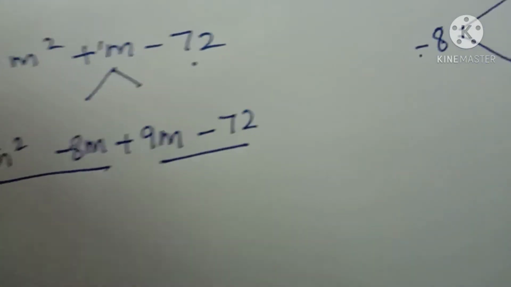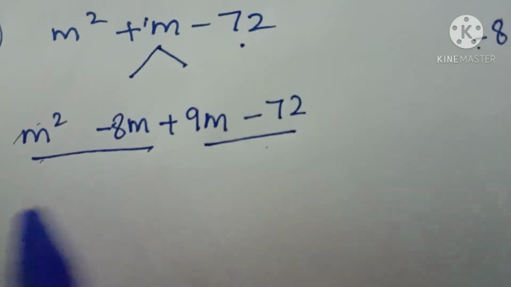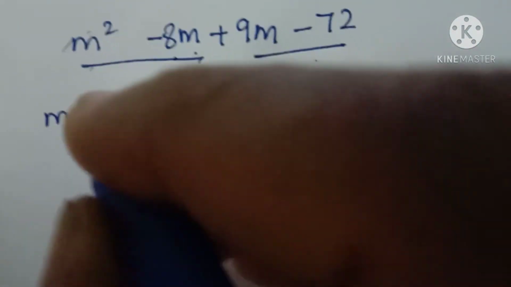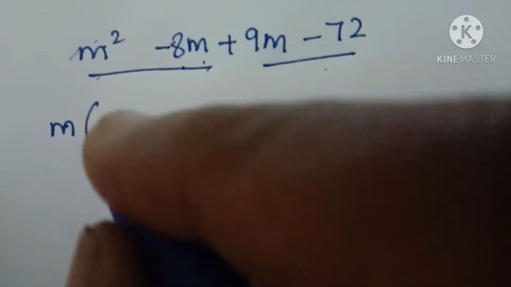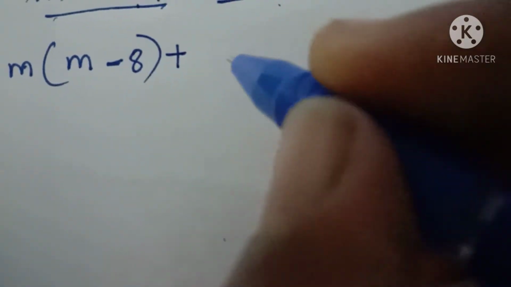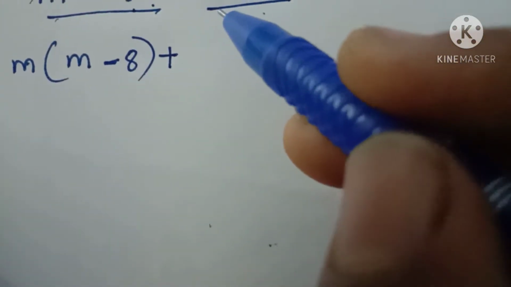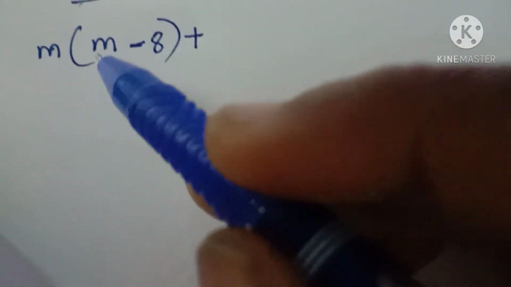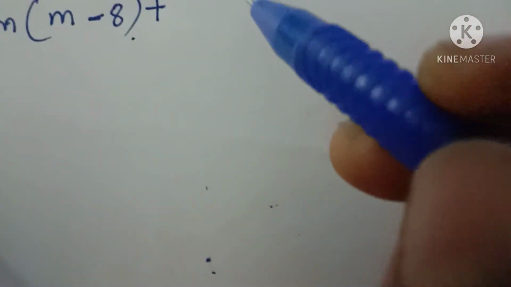Then group into 2 terms. If you see here, m is the common factor. Therefore, m square divided by m is m, minus 8m divided by m is minus 8. Then the next term, you have to see that the terms which are in the bracket you have to get in the second group also.